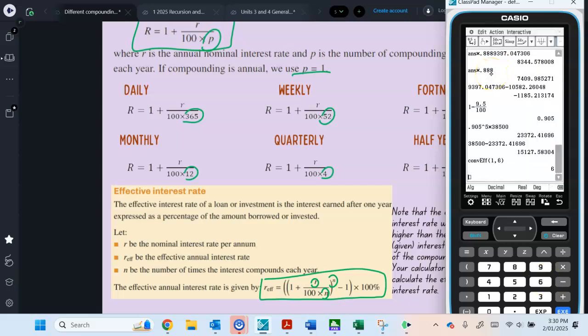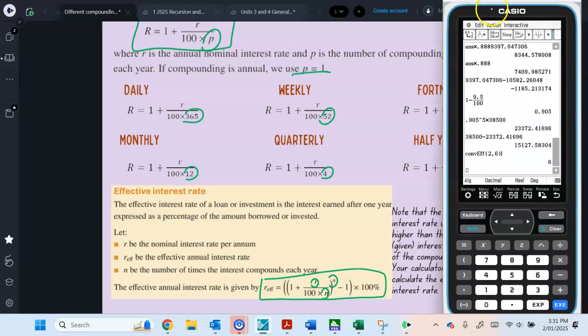So it stays as 6. Now, I'm not going to rewrite that. I'm just going to change this here. So if I wanted to do it, let's start off with the 2, so half yearly. Let me press enter. Should change. All right, so it's 6.09.